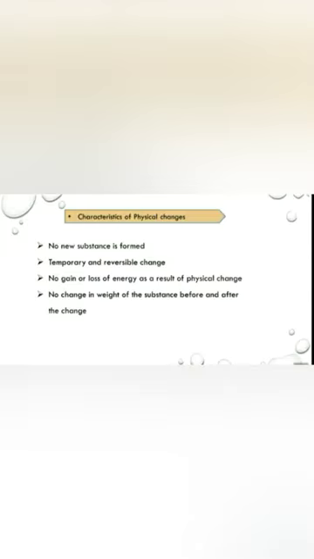Characteristics of physical changes: no new substance is formed, temporary and reversible change, no gain or loss of energy as a result of physical change, no change in weight of the substance before and after the change. Let us understand one by one.